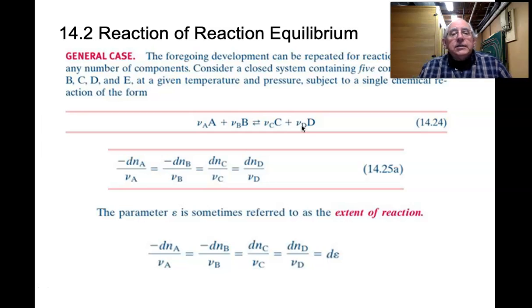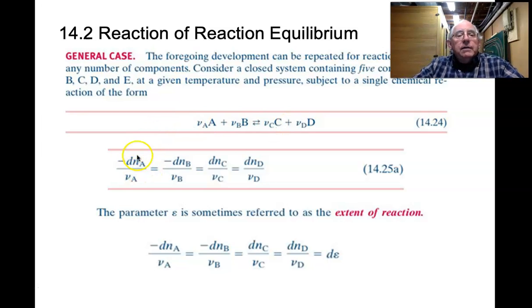What this then tells us is that for each one of those, we can then write the differential change of the A, the B, the C, and the D in a form that looks like that. And so this is how we get the proportional changes associated with going from the left-hand side to the right-hand side of the equation.